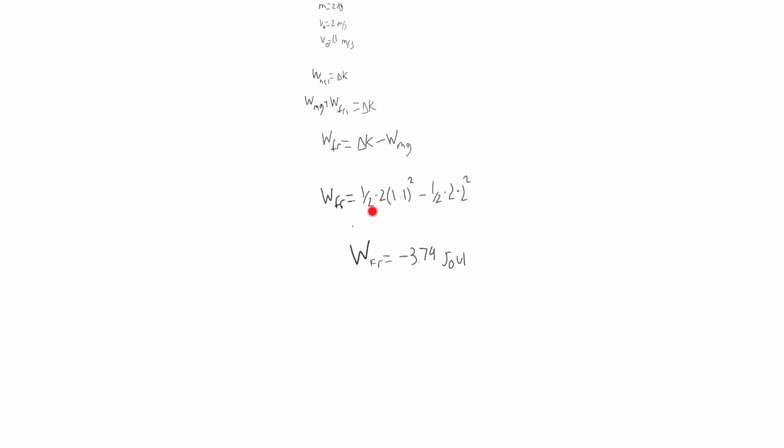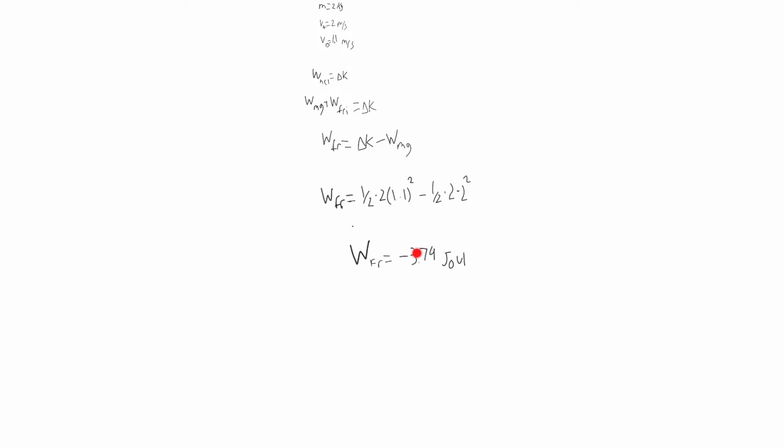And so now we're just left with the change in kinetic energy, right? And you can see here, this is one half times the mass, which is 2, times v2, which is 1.1, and then you subtract half times the mass times v2, which is 2, right? And then you solve it all out, and you should get negative 3.79 joules.